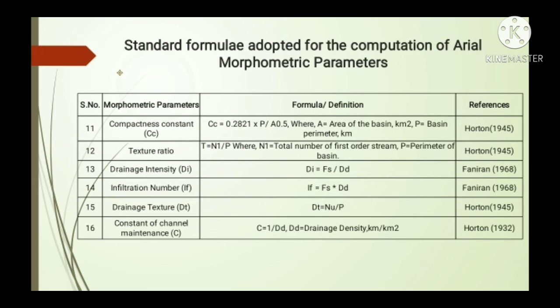The constant signifies the number of square kilometers of watershed area required for the development and sustenance of a channel of unit kilometer length. According to Strahler in 1957, the constant is also an indicator of the relative extent of the landform unit in the particular drainage basin.